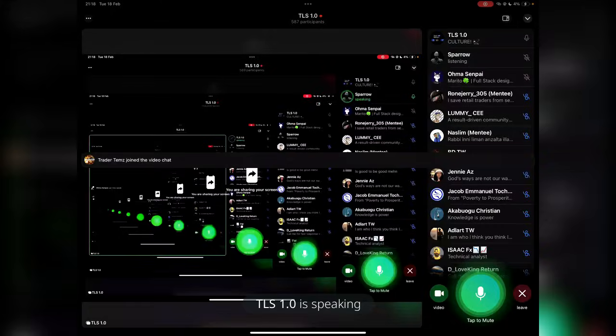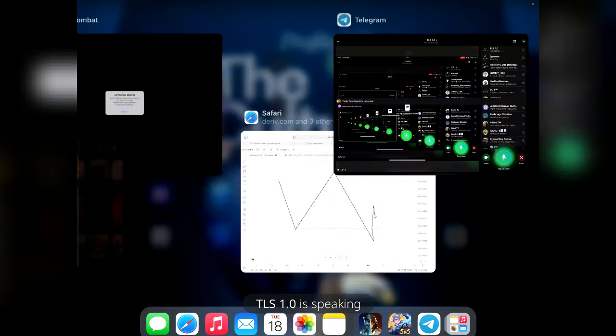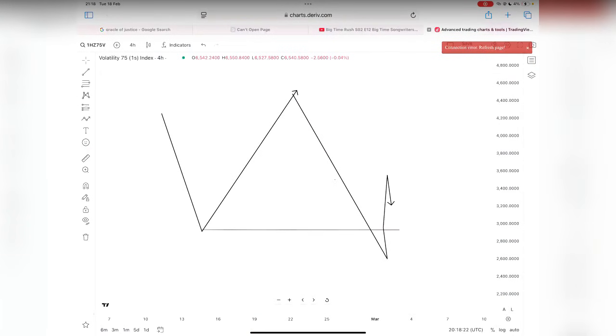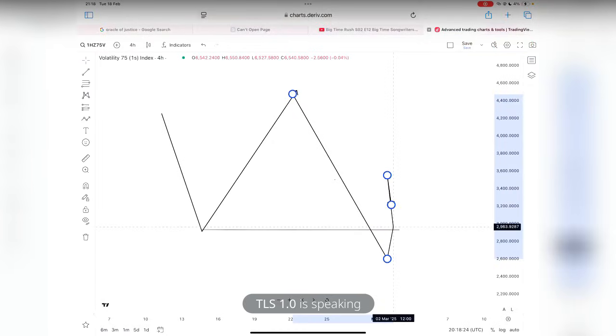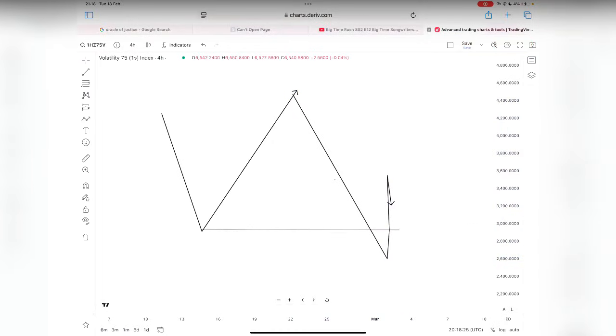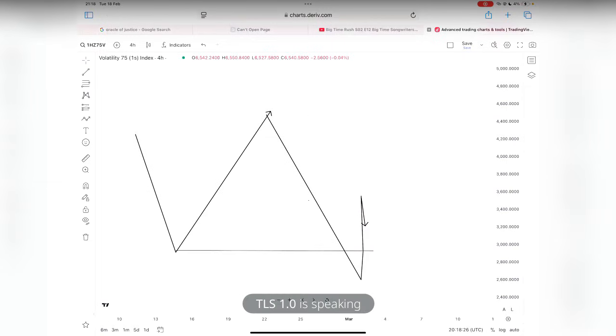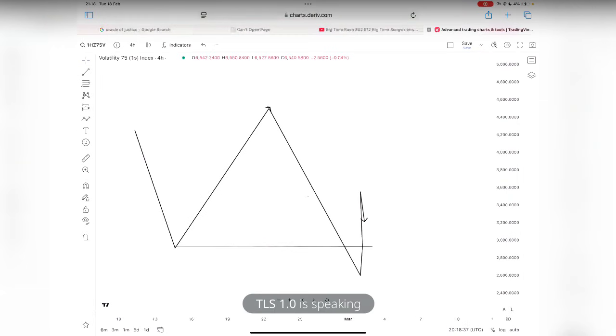So let's proceed. Now, the reason why I did not talk so much about that basic market structure yesterday is because I assumed that you had already learned the basic market structure and understood it, but it seems like I'll be going back to it briefly before I proceed.